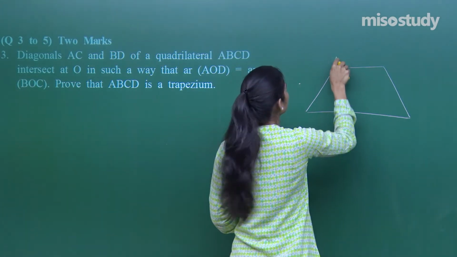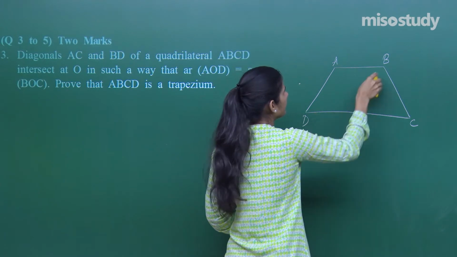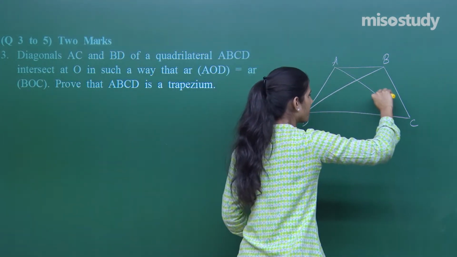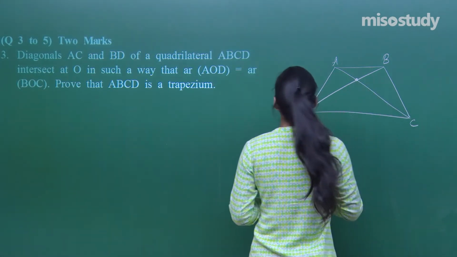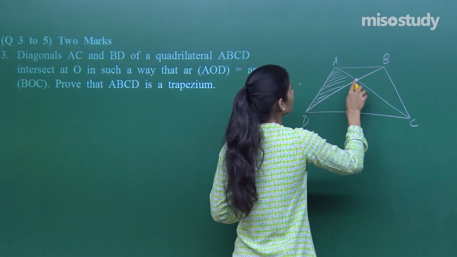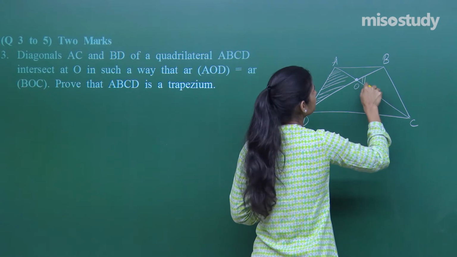So I have A, B, C, D. The diagonals are intersecting at O. It is given that area of AOD, this is AOD because this is O, and area of BOC.